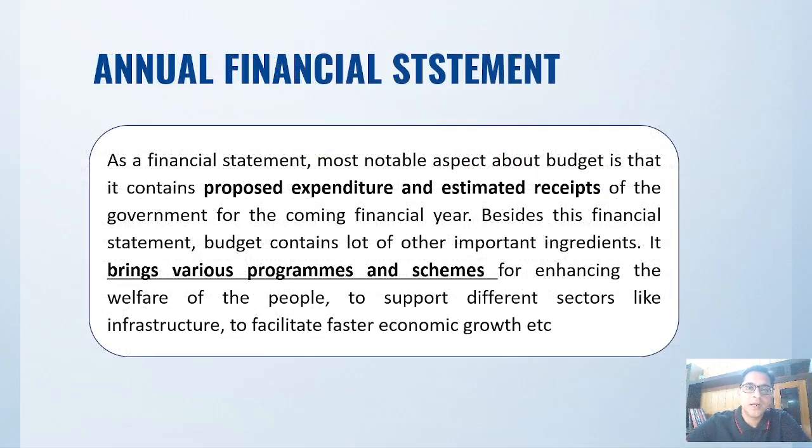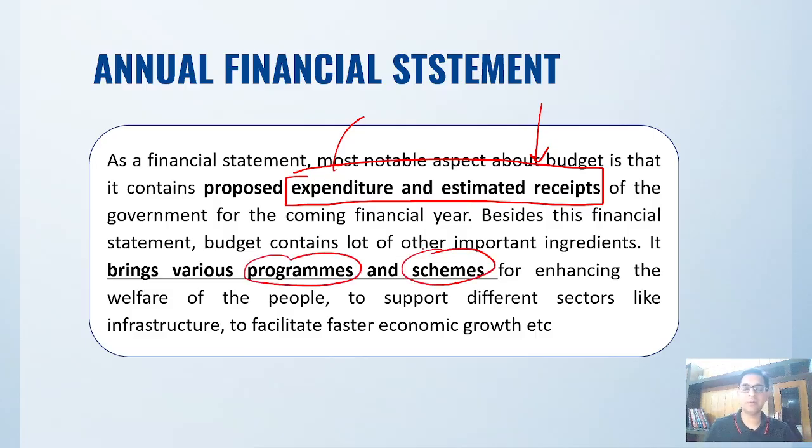Now, the annual financial statement tells about the expenditure and estimated receipts. That means what expenditure you are going to do in the coming financial year and what your estimated receipts are, from where you are expecting that your money will be coming. Okay. And then in the budget you have to tell in which program how much money will be needed, and whether you are decreasing the amount in a certain program or increasing money in a certain program.